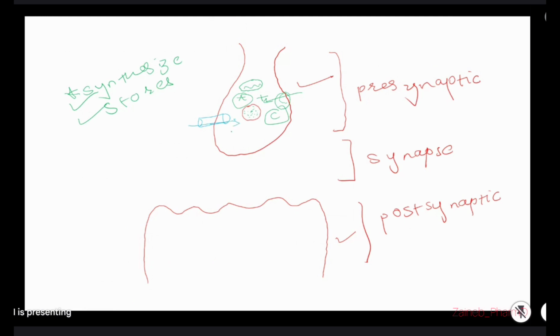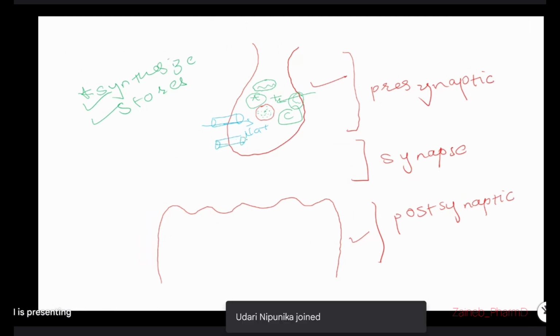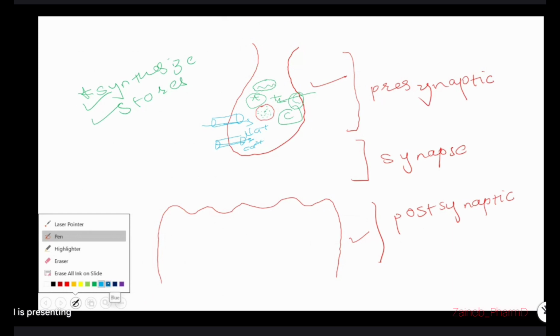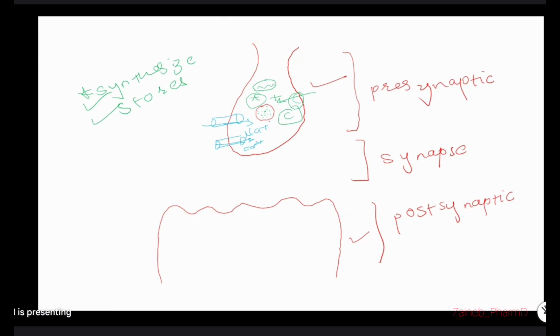This influx of sodium ions activates depolarization-sensitive calcium channels. Now, there are special proteins on the membrane of the vesicles which store the acetylcholine.